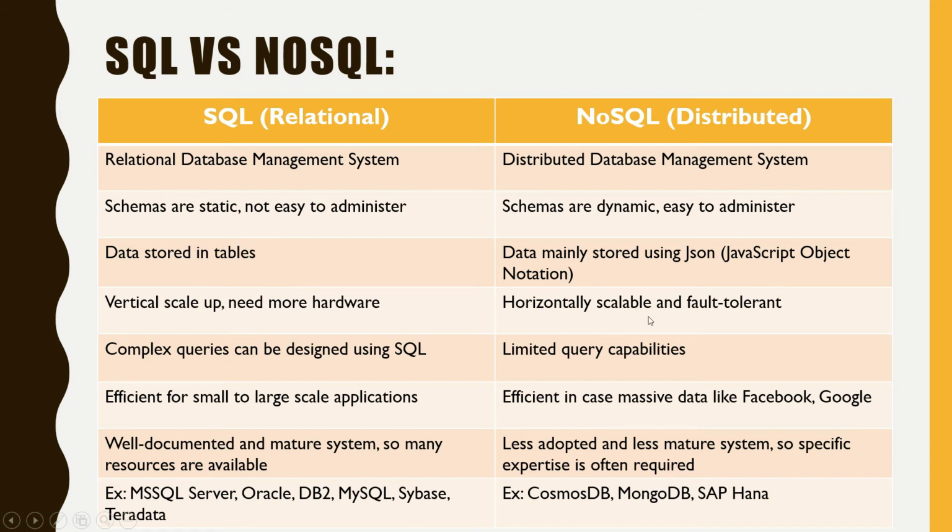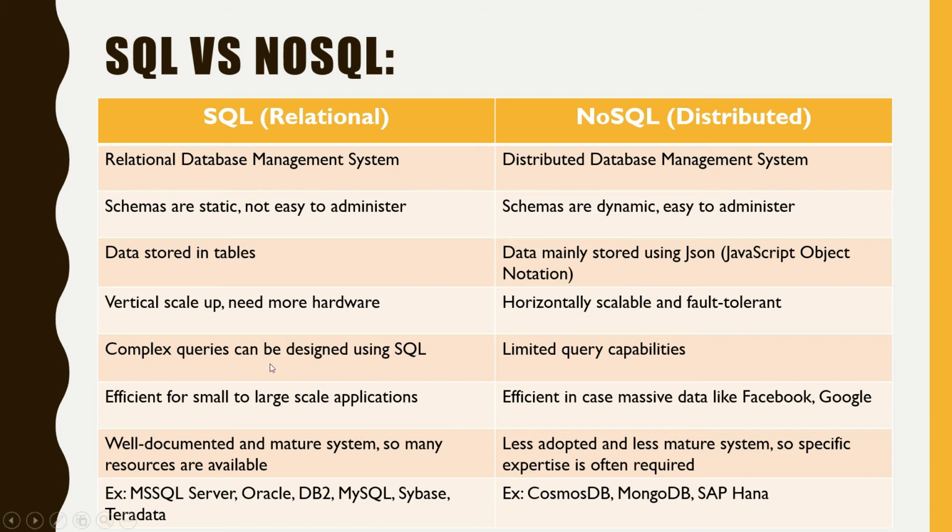Scalability means to increase capabilities. Vertical scale-up means to add more power by adding more CPU and RAM to existing computer. Whereas horizontal scale-up means to add more computers into your pool of resources, providing fault tolerance, that is providing an uninterrupted service despite one or more of its computers failing.